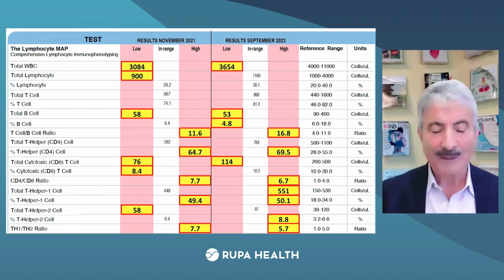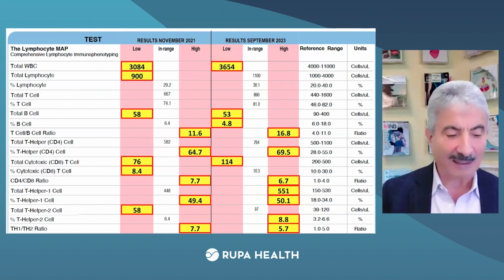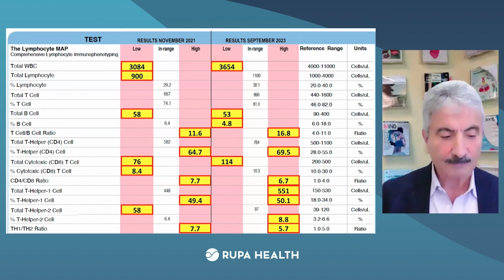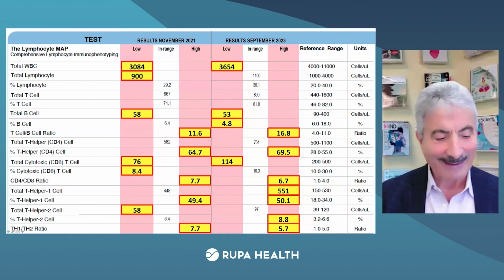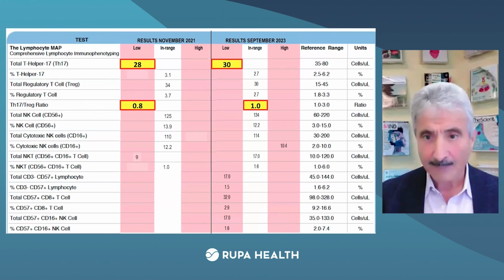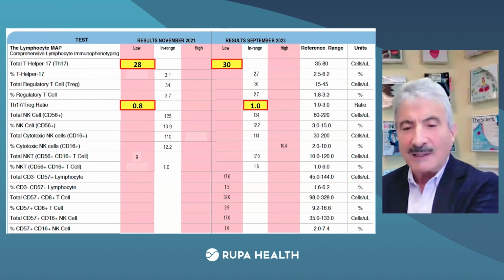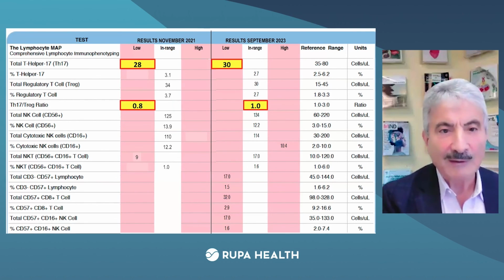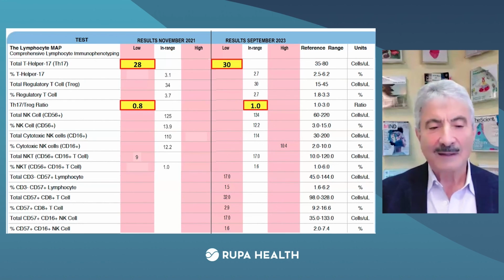And when CD4 is elevated, obviously either Th1 is going to be elevated or Th2. And in this case, we see definitely the number of Th1 were elevated significantly. And then finally, because Th1 is elevated, it can affect also the number of T helper 17 and calculation of the ratio.